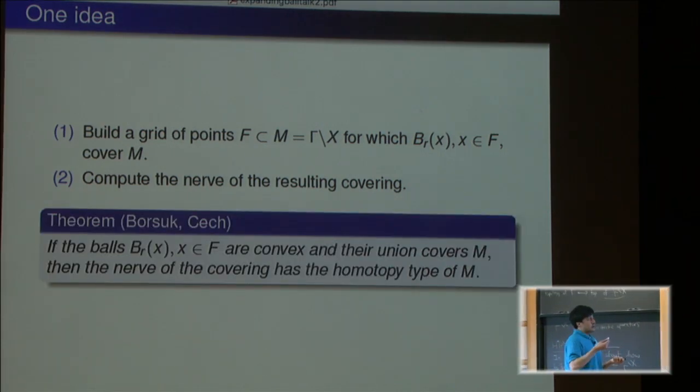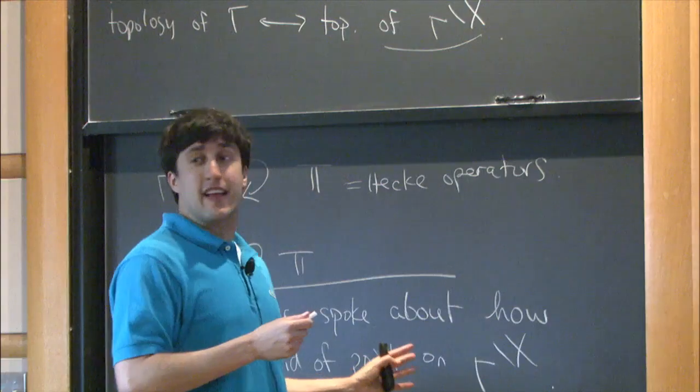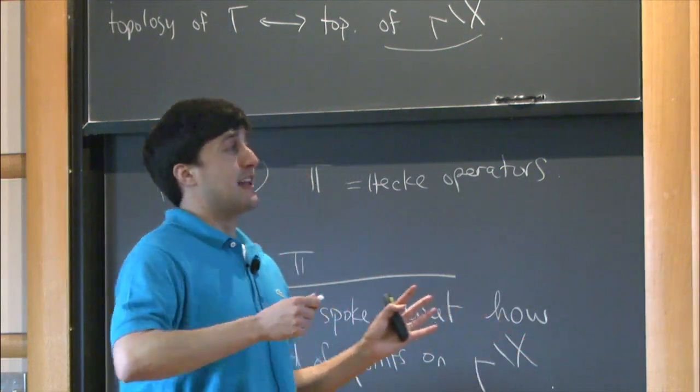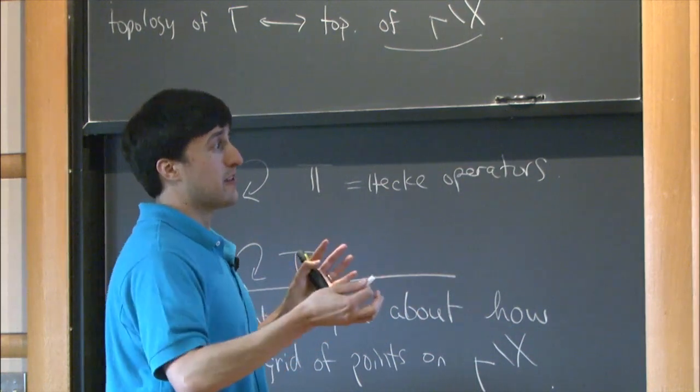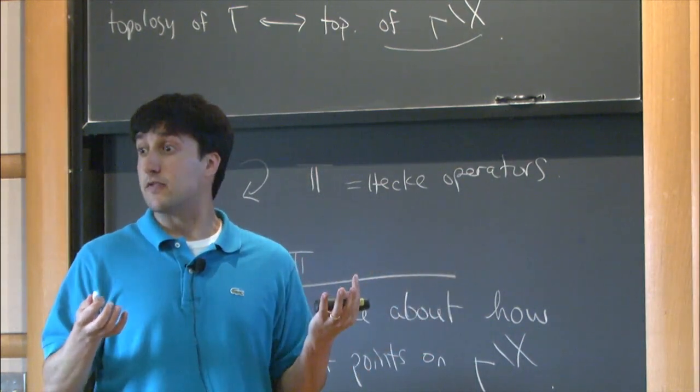It's an old result in topology that the nerve has the same homotopy type as the space which is being covered. So in November, I spoke about how to build this set of points F. Today, I want to focus on how to actually compute the higher skeleton of the nerve.